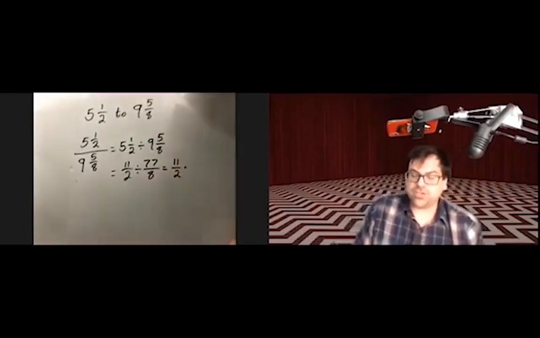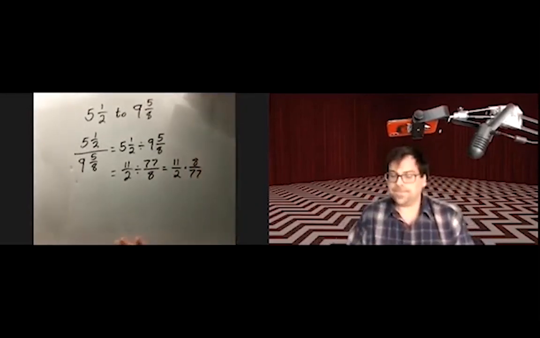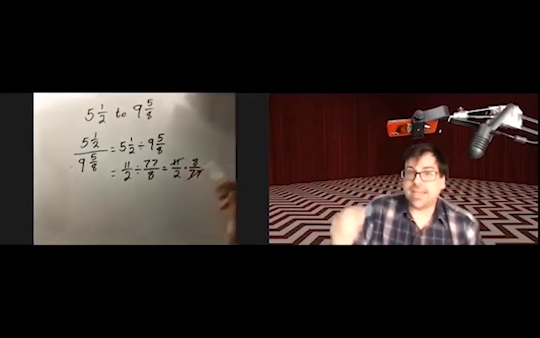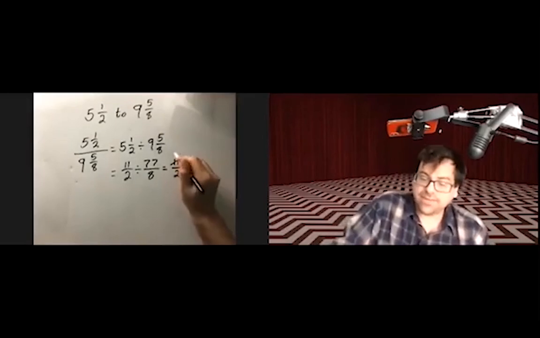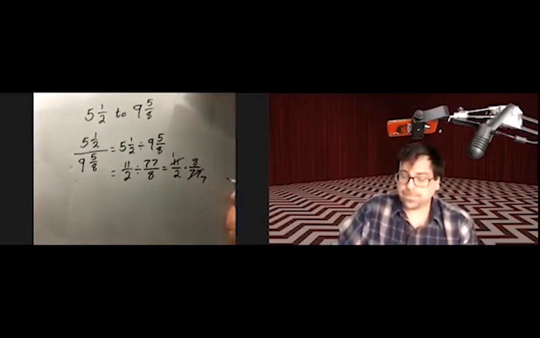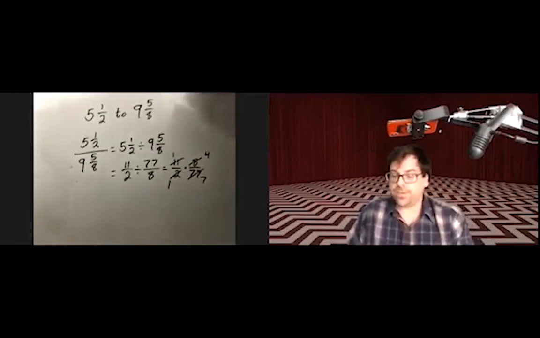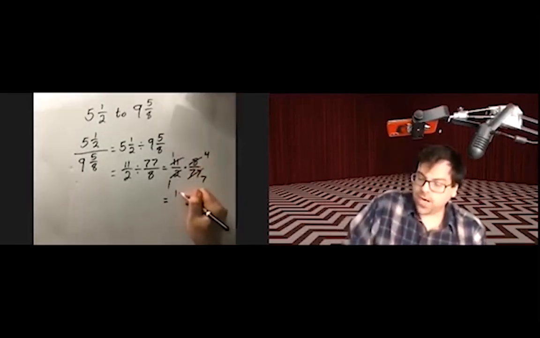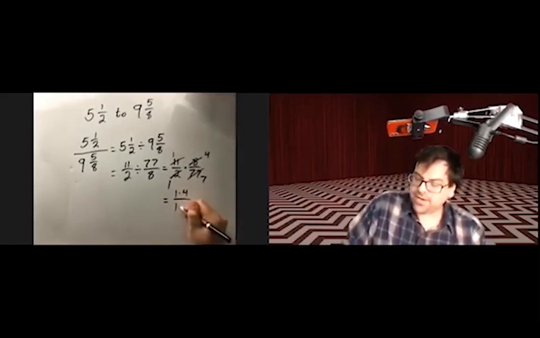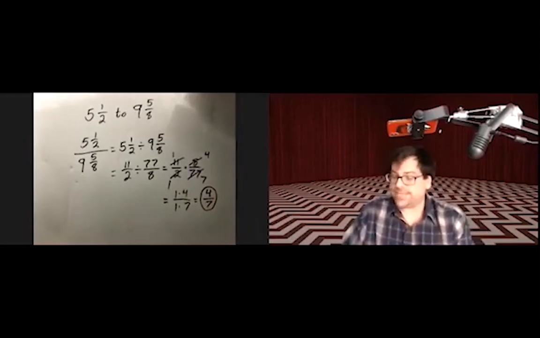Keep the first, change division to multiplication, flip the second. 11 and 77 can both be divided by 11. 11 divided by 11 is 1. 77 divided by 11 is 7. 2 and 8 can both be divided by 2. 2 divided by 2 is 1. 8 divided by 2 is 4. 1 times 4 on the top. 1 times 7 on the bottom. 4 to 7 is our final simplified ratio, our ratio in simplest form.